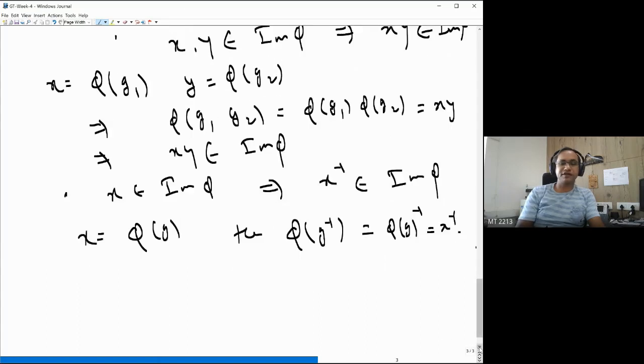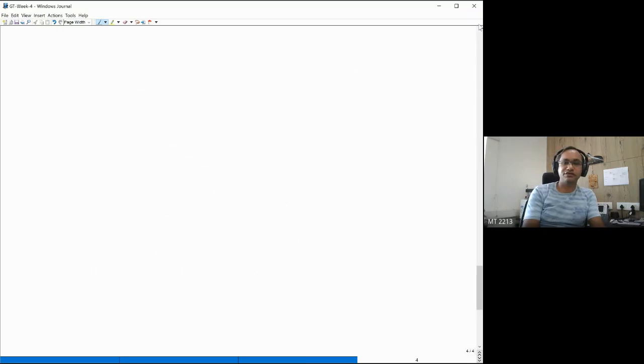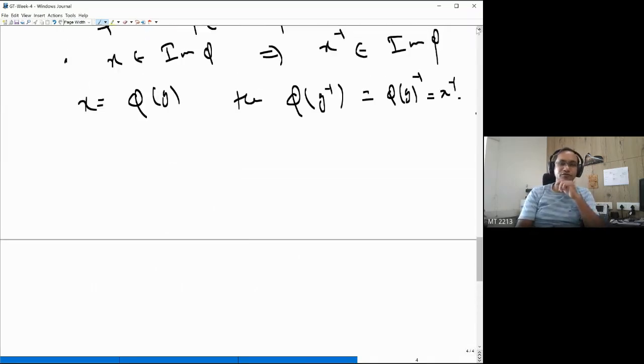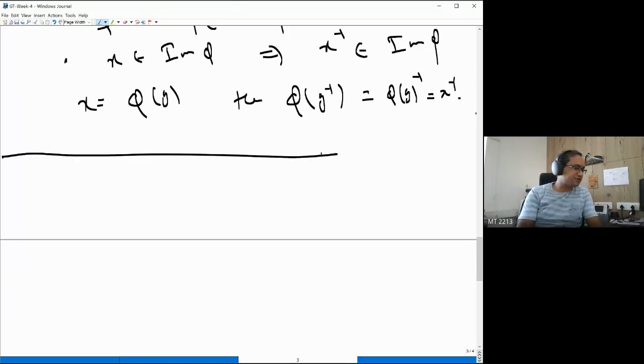Right? So this verifies basically that the image of phi is a subgroup. And this can be useful at times to find more examples of subgroups. We'll get back to this again, but let's write some more examples of how to construct groups, and then we come back to this again.